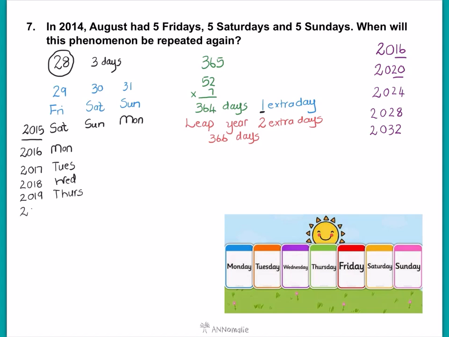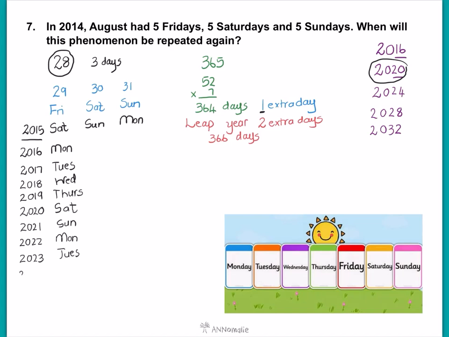And then 2020 is a leap year again, so I'll skip 2 days, skip the Friday, and get to a Saturday. 2021, skip a day, so that will be a Sunday. 2022, the 29th will be a Monday. 2023, that will be a Tuesday.